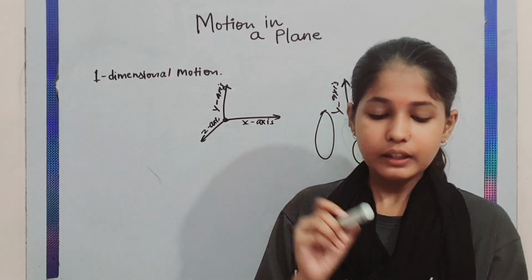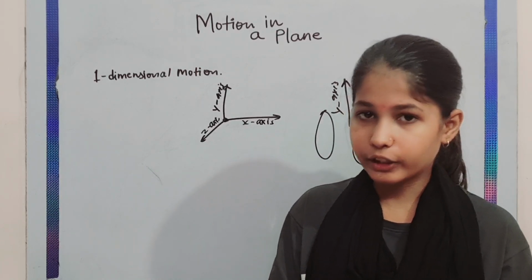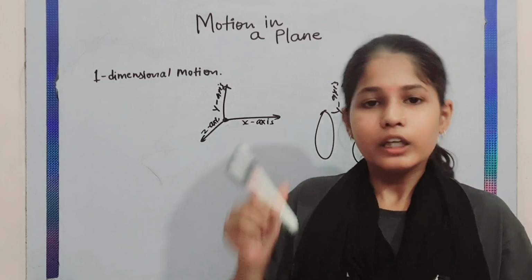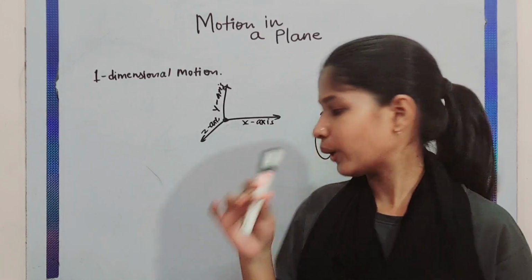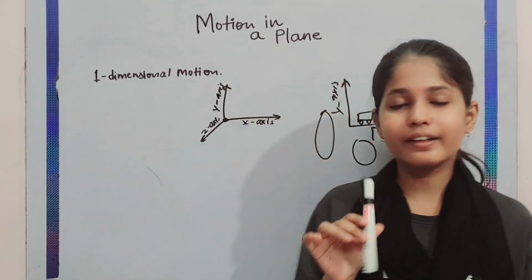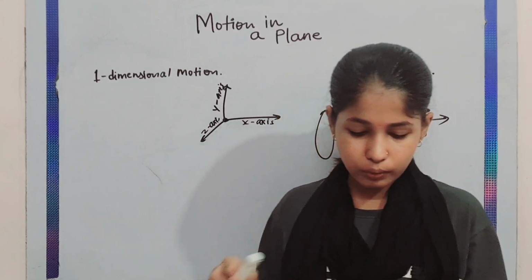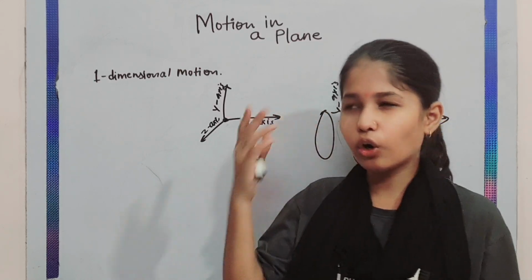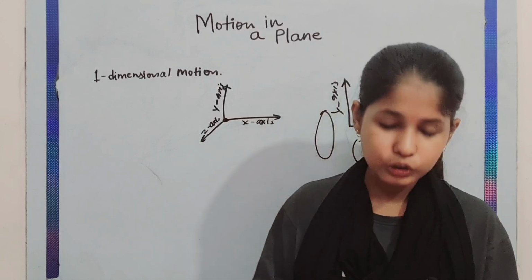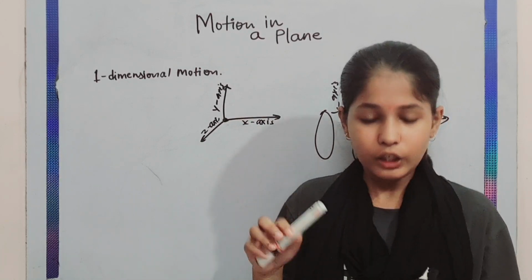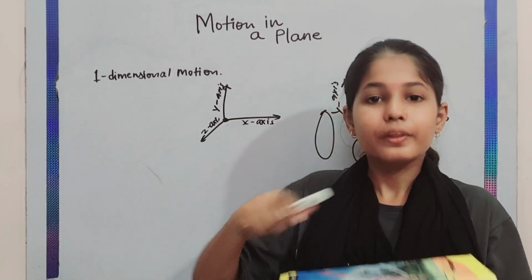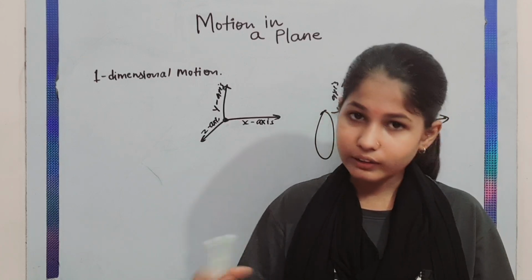For example, we all know that this copy is a combination of x-axis and y-axis. Now you have to assume that this marker is a housefly. Yeah, you can say a mosquito. Can you observe? Remember that the mosquito or the housefly can also walk on the ground.